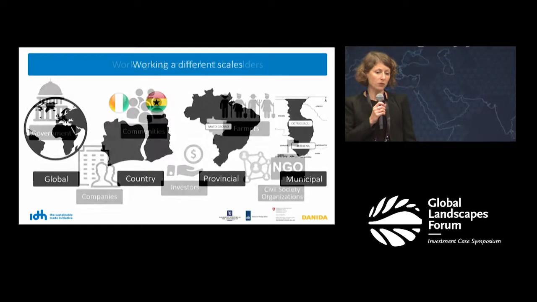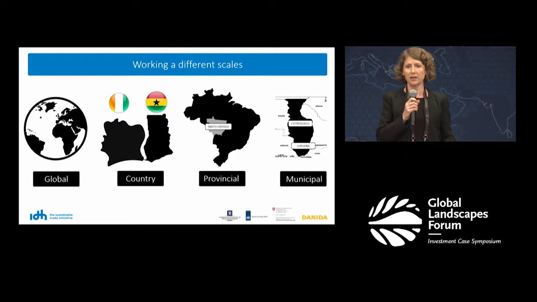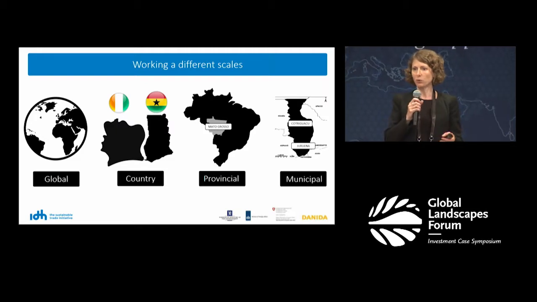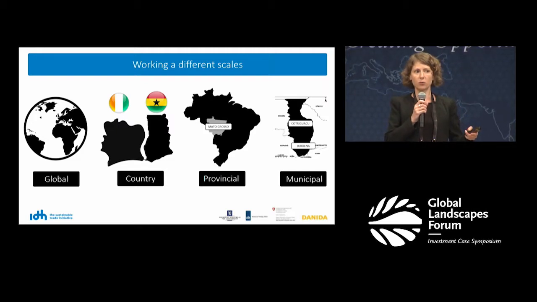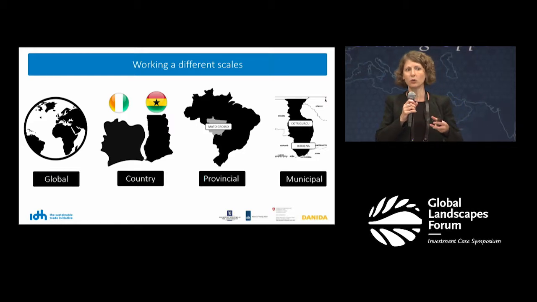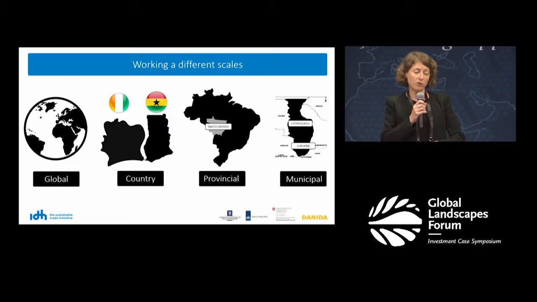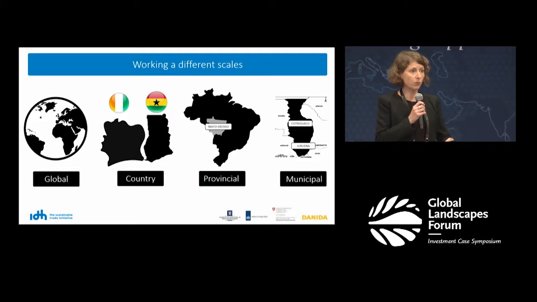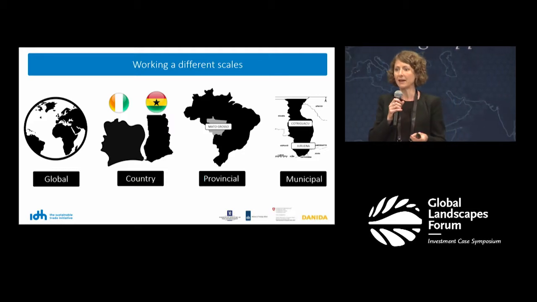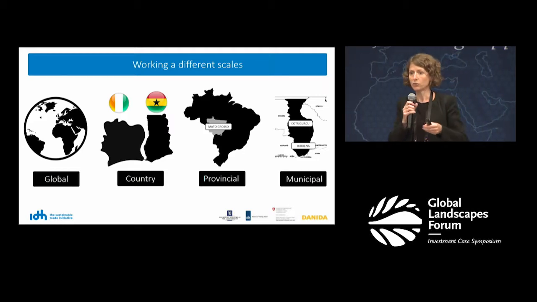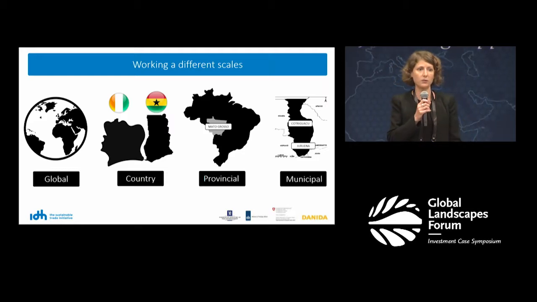It's also about working at different scales, at a global scale. For example, IDH with the World Cocoa Foundation convened global cocoa companies towards a joint statement of intent for them to eliminate deforestation in their value chain. It requires working at a national level, and we worked with the governments of Ghana and Côte d'Ivoire for them to define the action plan to reduce deforestation that is related to cocoa production.